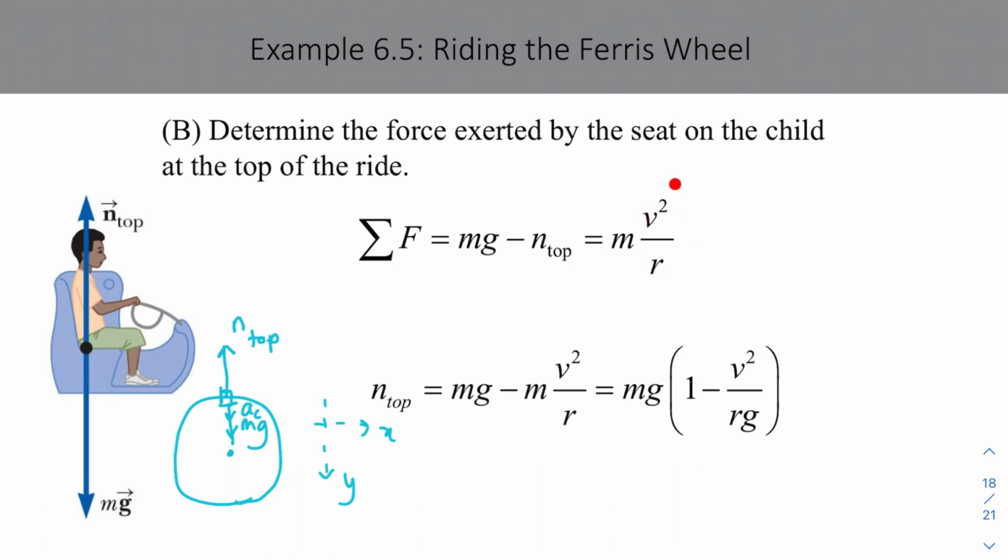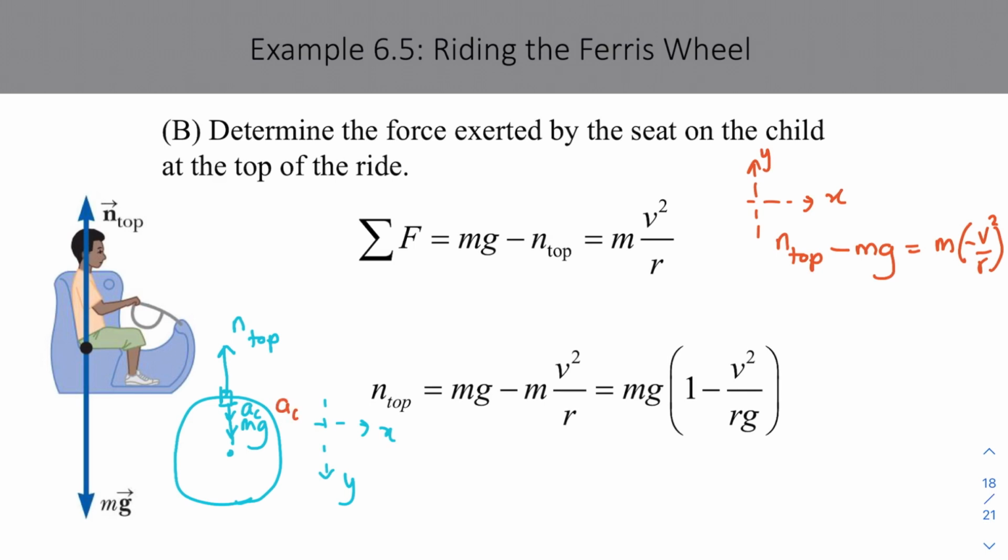This is a_c. From here, we may rearrange the equation. You also may use the same setup as usual, taking positive y upward and positive x to the right. So this equation becomes normal at the top, positive, minus mg, equivalent to m times negative v squared over r, because your a_c is downward, so it has a negative sign.